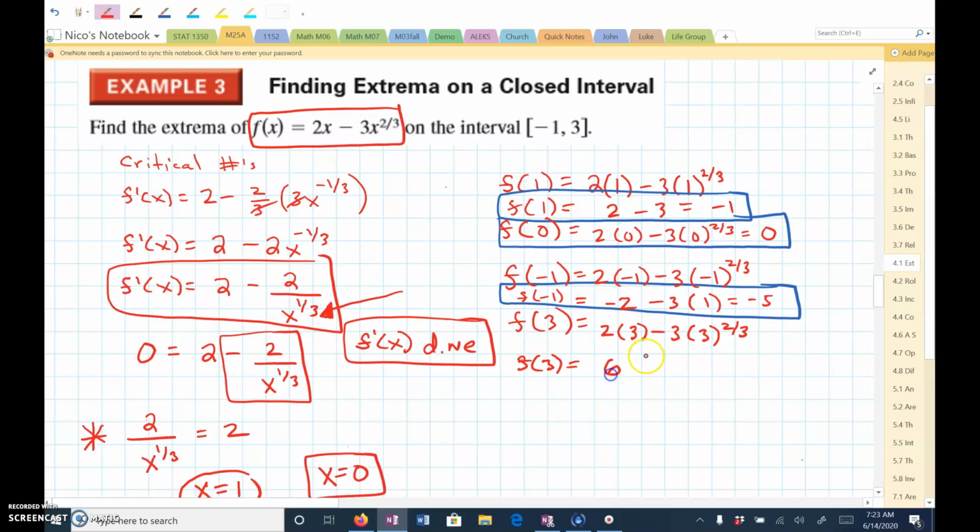So this would be 6 minus 3 times the cube root of 3 squared, or 3 cube roots of 9.